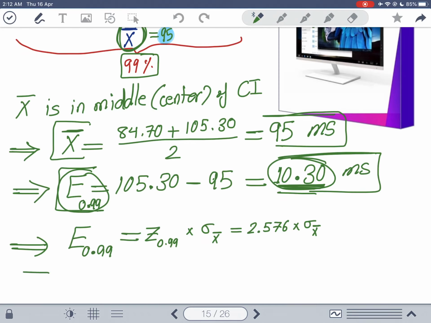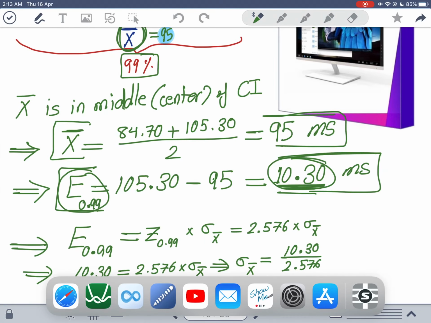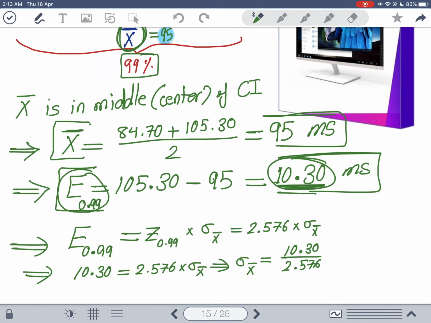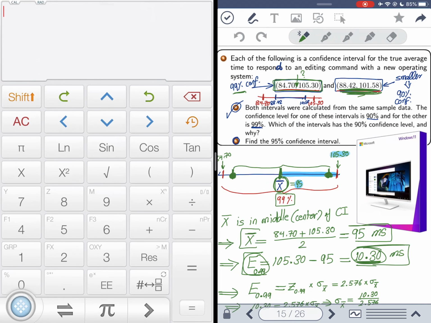So this means that 10.30 is equal to 2.576 times sigma x bar. And so what is sigma x bar? Sigma x bar is going to be 10.3 over 2.576. Now we need a calculator for this, so the calculator will give us the sigma x bar.